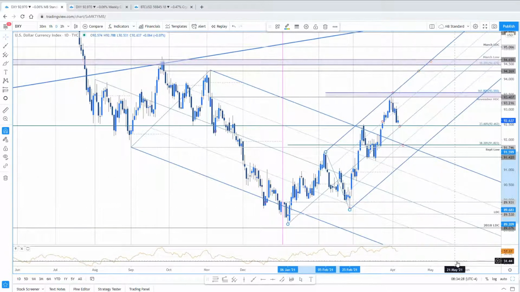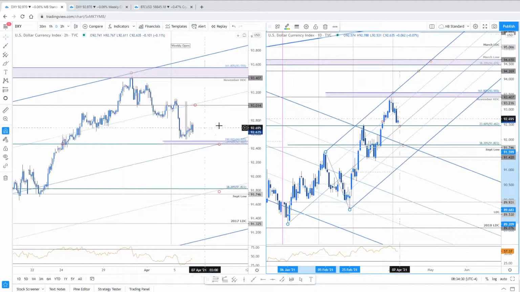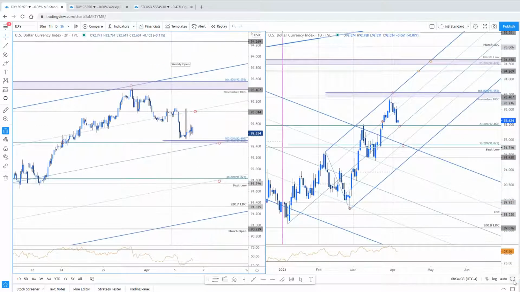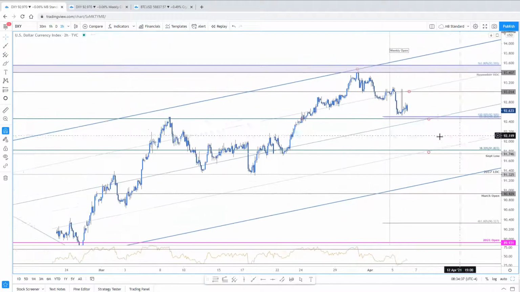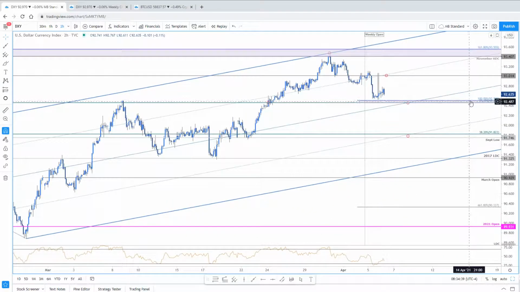All right, intraday looks even more interesting. If we simply measure the corrective move off the high, two equal legs gives you 92.50. We just talked about the 236 at 92.46. It's right there, just below where we are. And just below that is that slope.